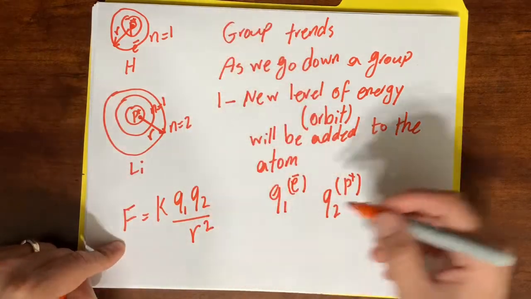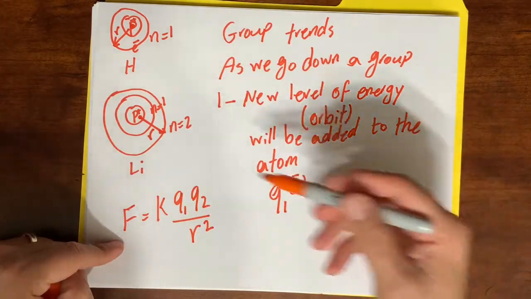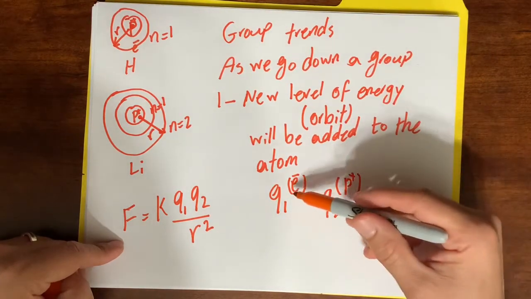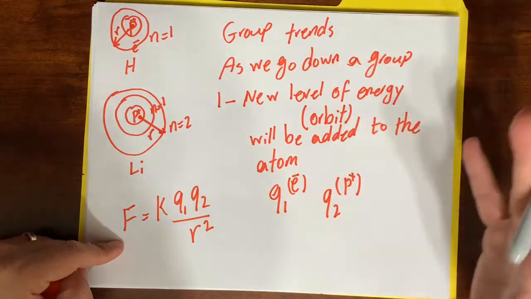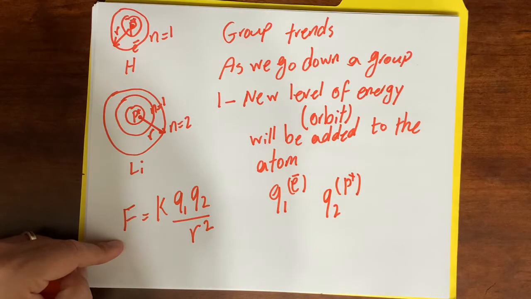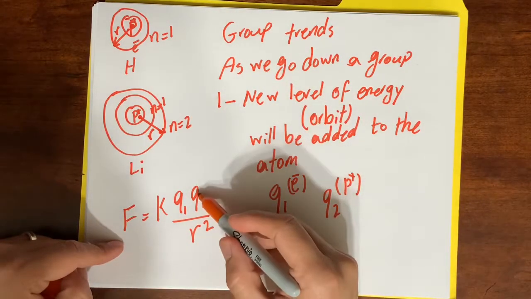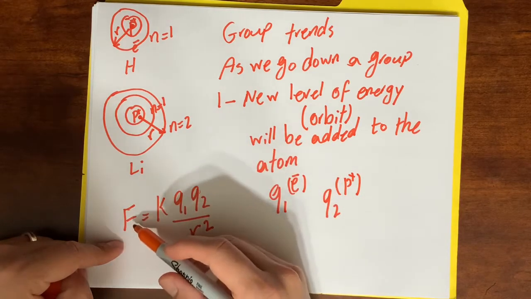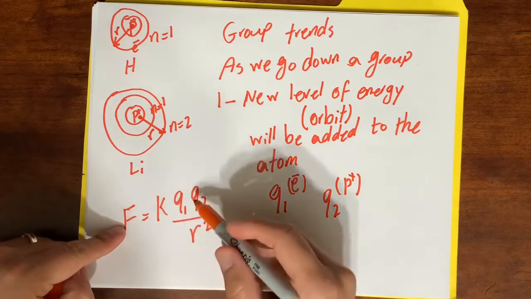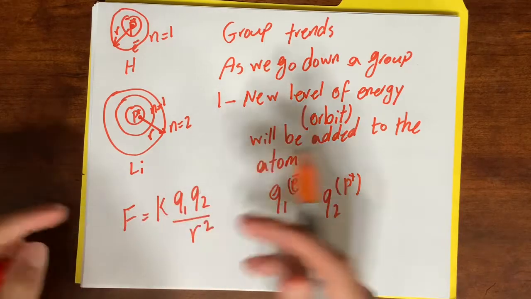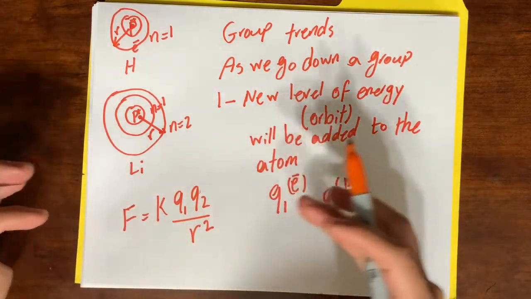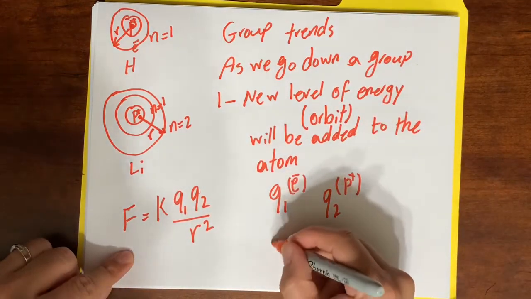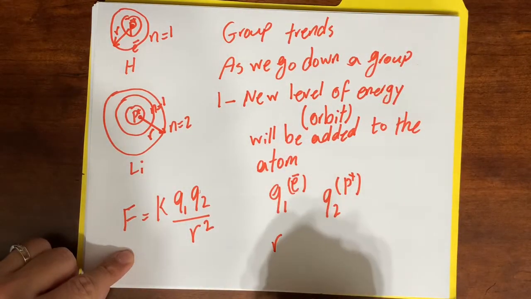When we go down in one group, true, we are adding number of protons. That's true. Also, we are adding number of electrons because we want it to be neutral. But if Q2 goes up, we should expect higher force. If we have higher force, then size should be smaller. The atom should shrink.